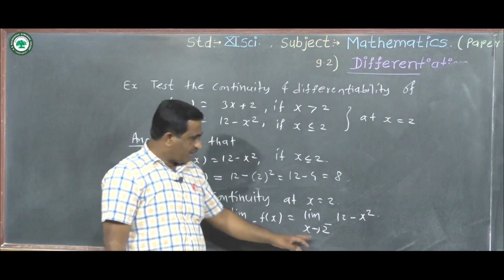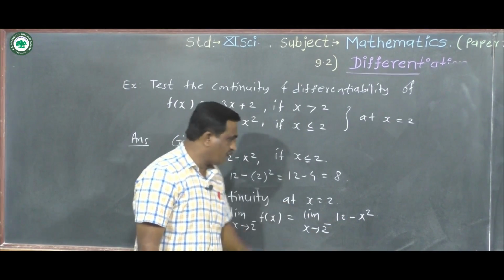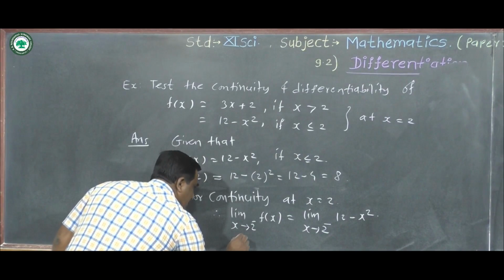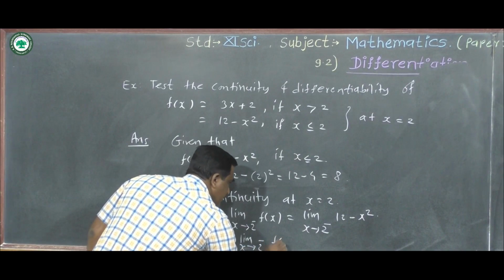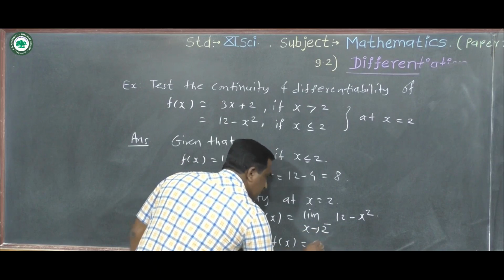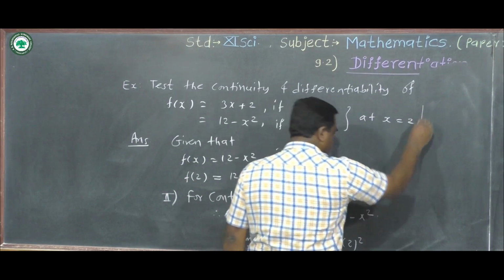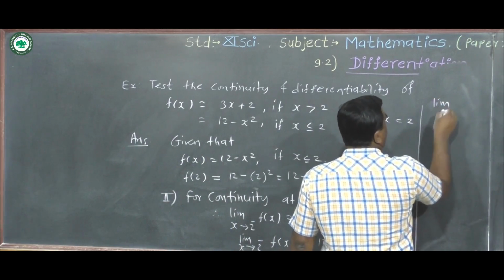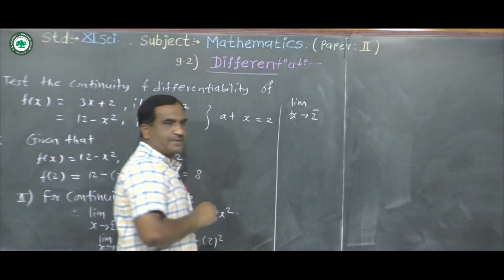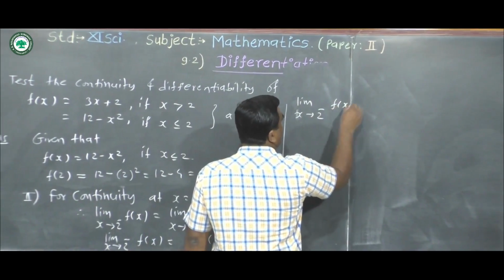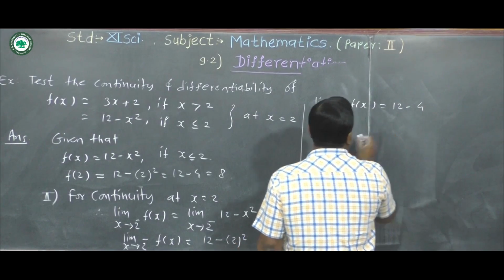Now we have to put x equal to 2 in this equation, 12 minus x square. Then we can write limit x tends to 2 from left, f of x is equal to 12 minus 2 square. 2 square means 4, that is we get equal to 8.